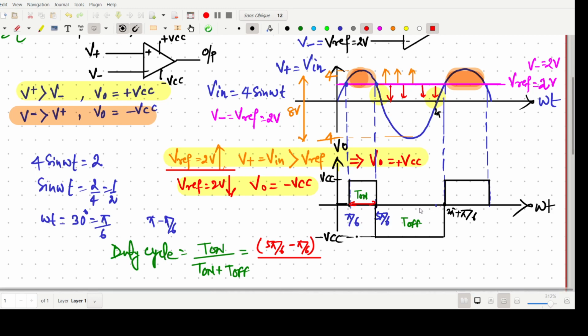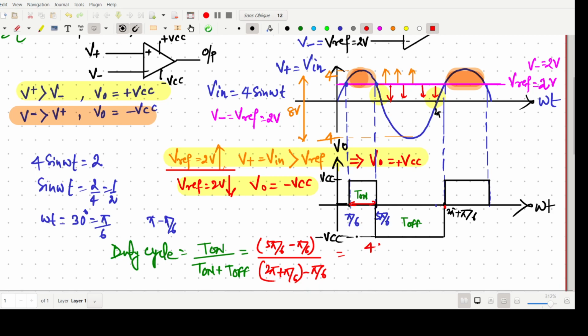This to this distance is nothing but 2 pi plus pi by 6 up to this point, minus pi by 6. Simply this should be our period, so the numerator should be 4 pi by 6, and T on plus T off will be 2 pi.